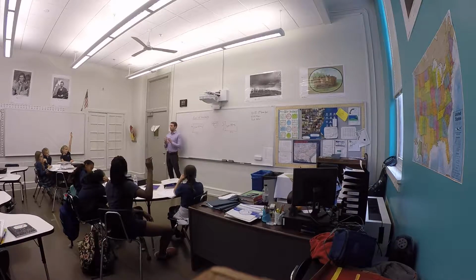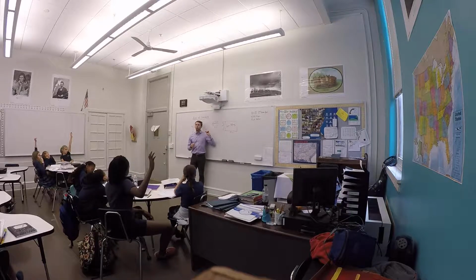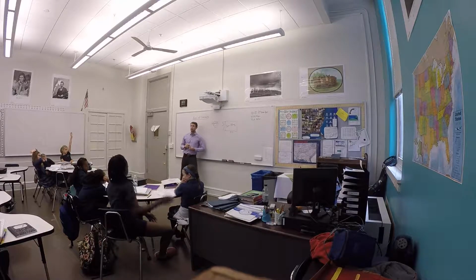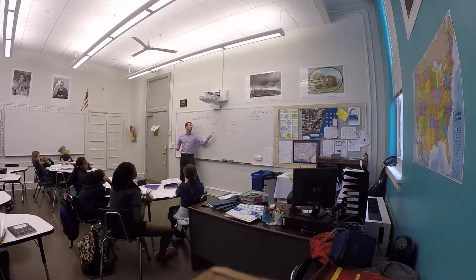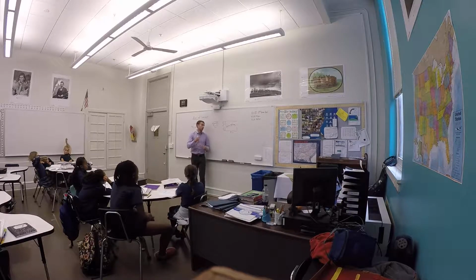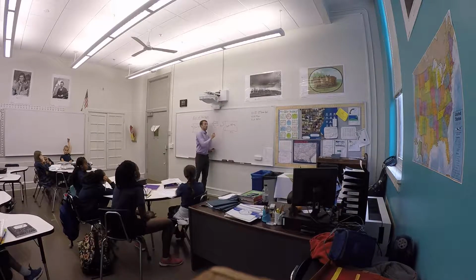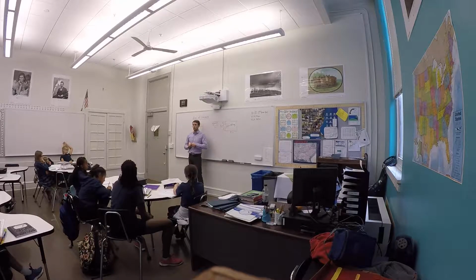I'm looking for a volunteer to tell me not only what it is, but how you find it and why you can do that. Okay, Augie. You can divide 150 by 15, and then it gives you 10. And you can do that because 10 times 15 is 150, so it's just serving the first problem. Okay, great. Exactly right.